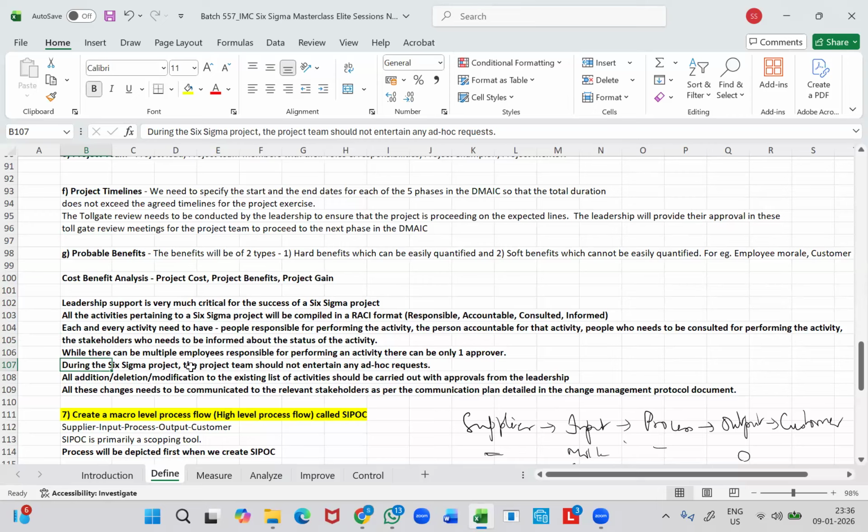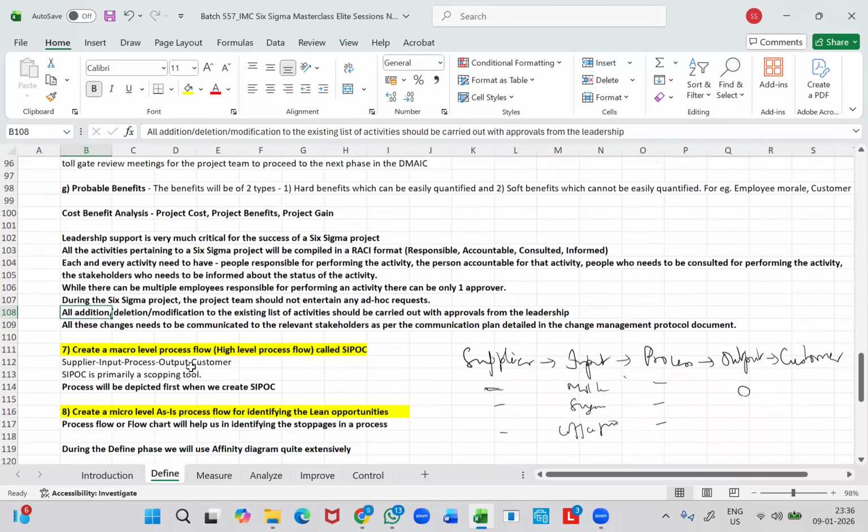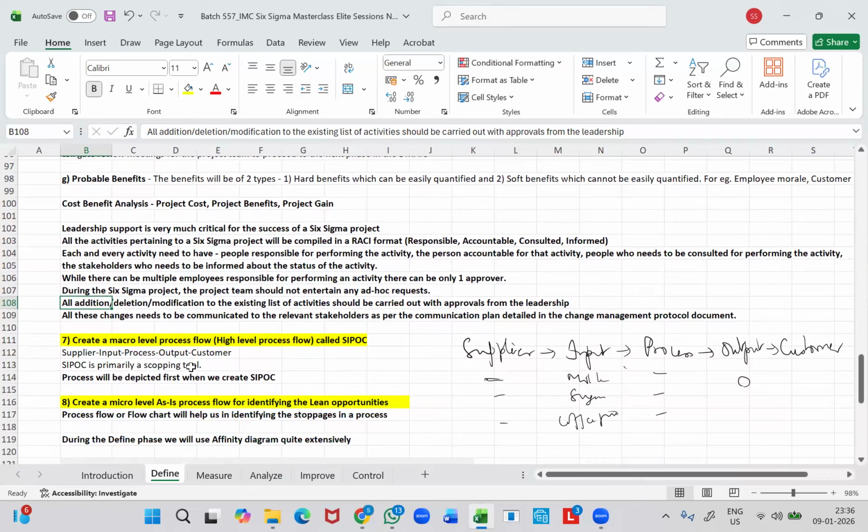So any addition, deletion, or modification to the existing list of activities needs to be carried out only with the prior approval provided by the leadership team. And all these changes need to be communicated to the relevant stakeholders as per the communication plan detailed in the change management protocol document.